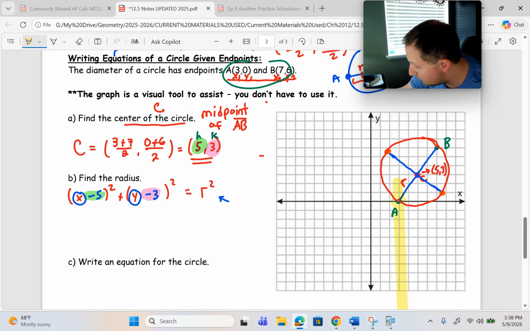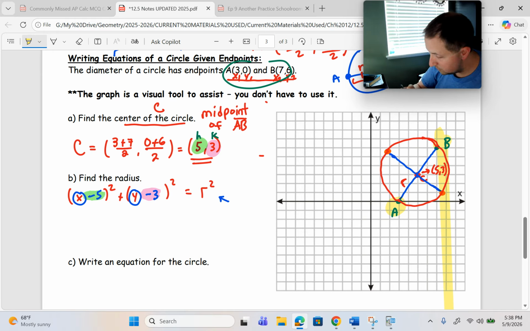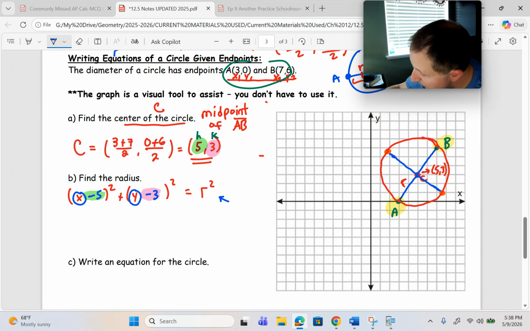You've got point A that's on the circle. Those endpoints of the diameter are your two choices. And you've got point B is on the circle. I'm going to label those. So here we've got 3, 0. And here at B we've got 7, 6.